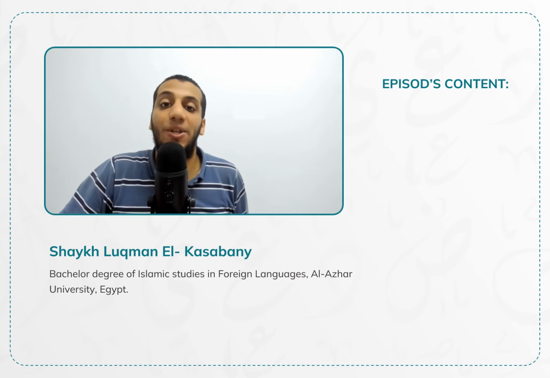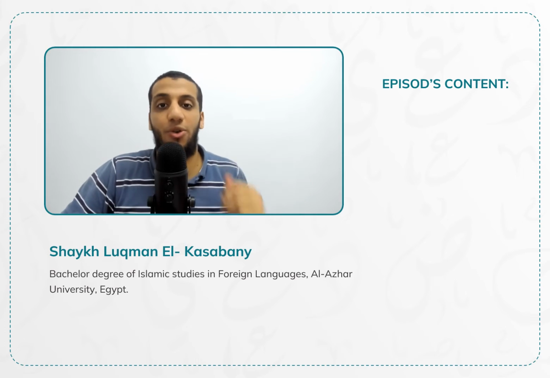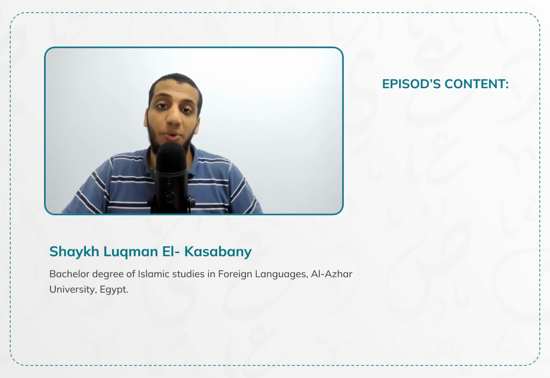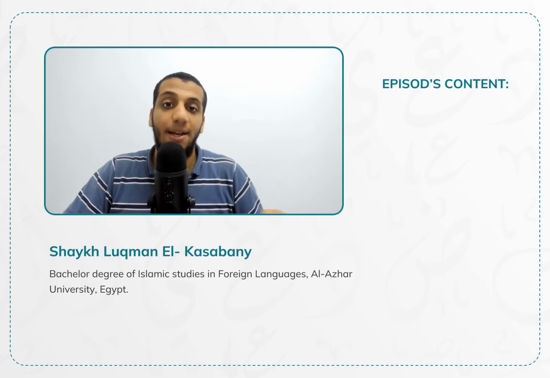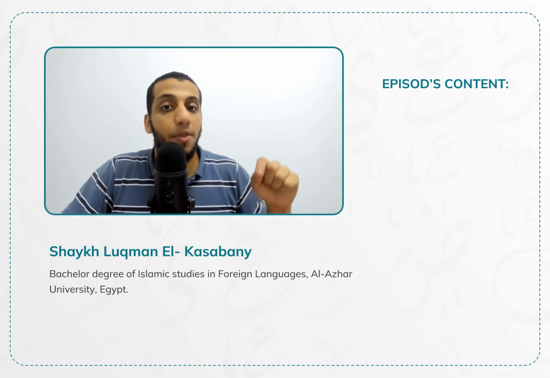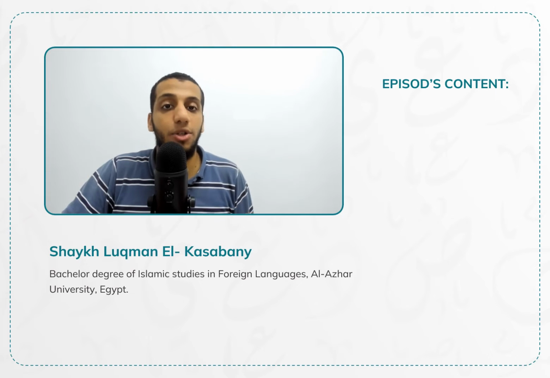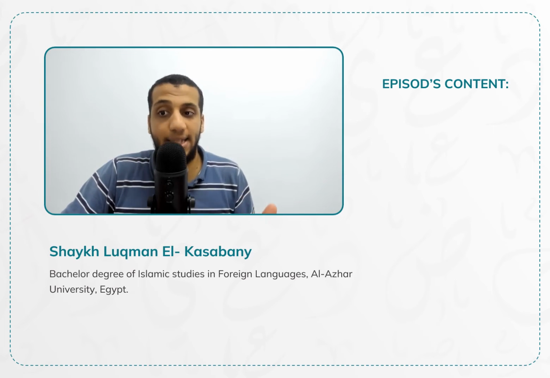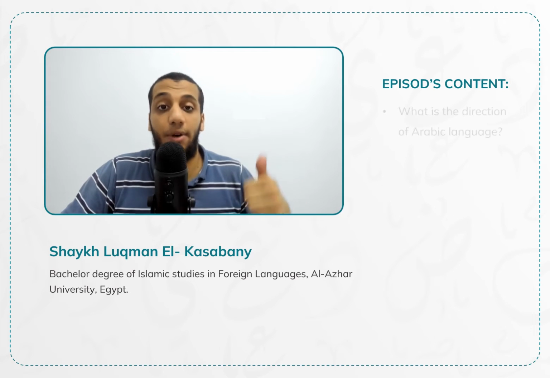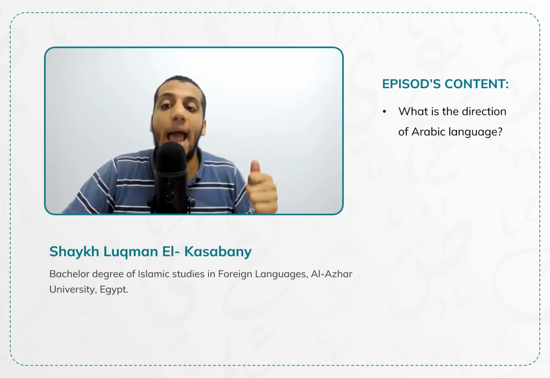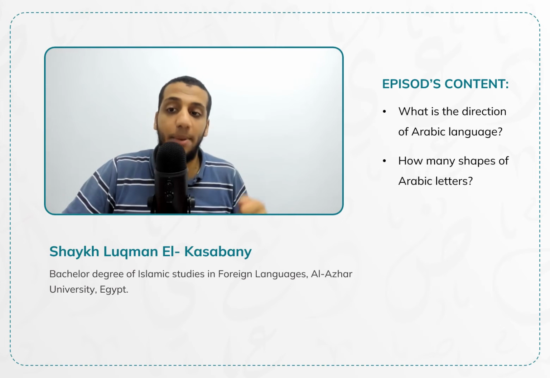Welcome to a new episode of Quran reading course. This episode will be an introduction to the Arabic alphabet letters, or the Quran alphabet. So this episode will answer four questions. The first question is, what is the direction of the Arabic language? The second question is, how many shapes of Arabic letters?